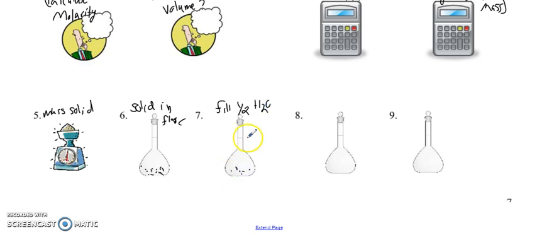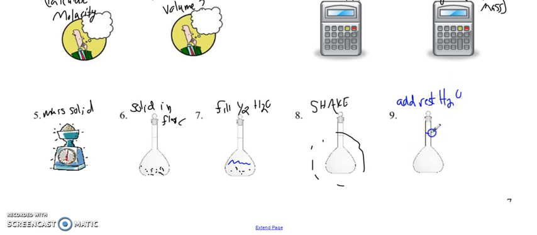So we're going to fill it up maybe about halfway. There's my water. And then number 8, you want to shake so we can get it all dissolved. So I'm going to shake it. Number 9, you want to finish adding the water. So add the rest of your H2O.